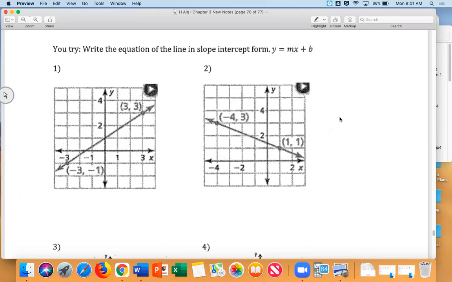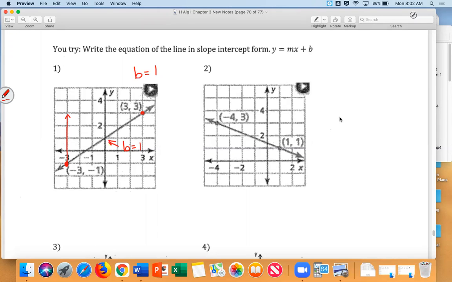Mackenzie, can you hear me? Awesome. Mackenzie, what's my y-intercept? 1. Perfect. It's right there. So I'm going to write b equals 1 off to the side. Now, Mackenzie, what's my slope? Meaning, how do I get from this point to this point? How many blocks up did I have to go? One more time. 5.